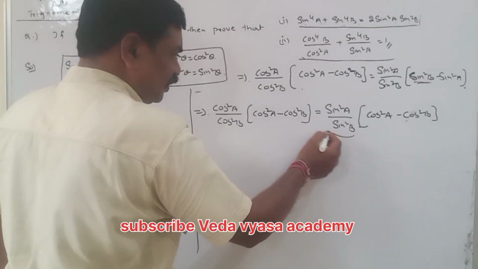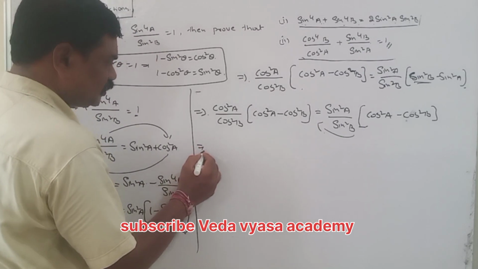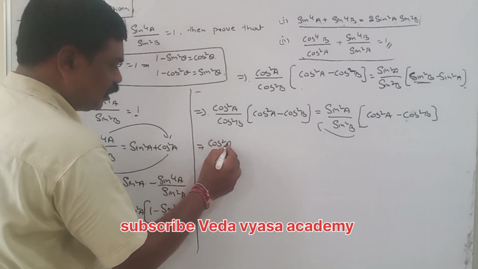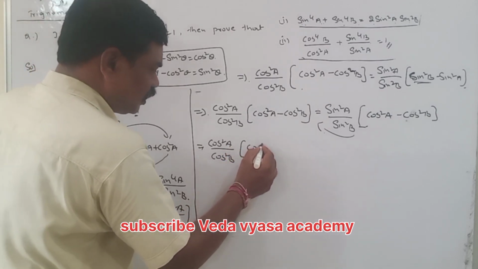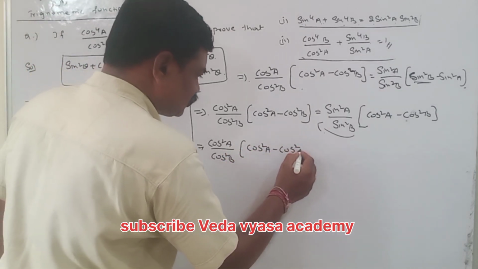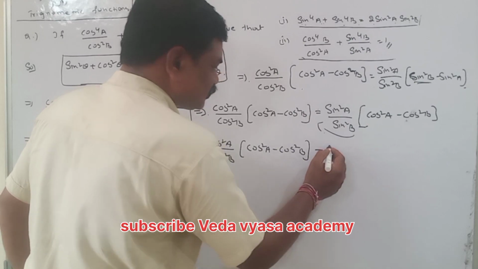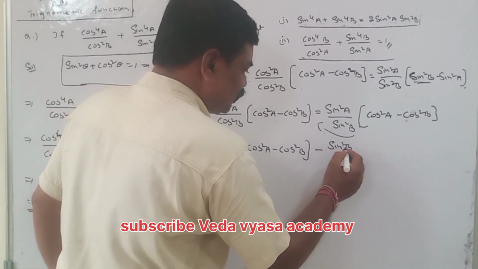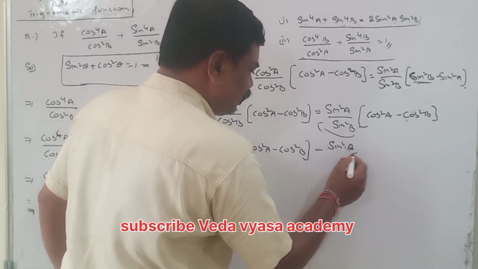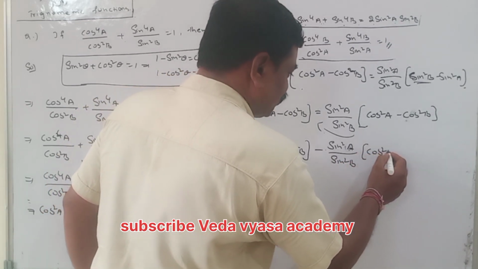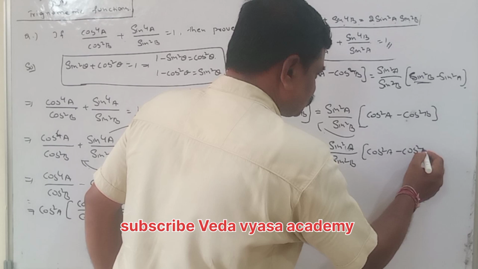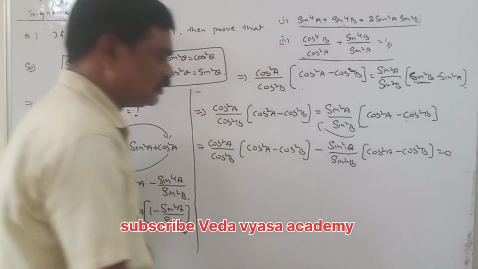So you can take this to this side, and cos²A/cos²B (cos²A − cos²B) − sin²A/sin²B (cos²A − cos²B) = 0.